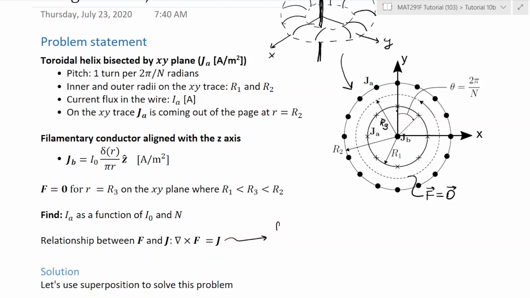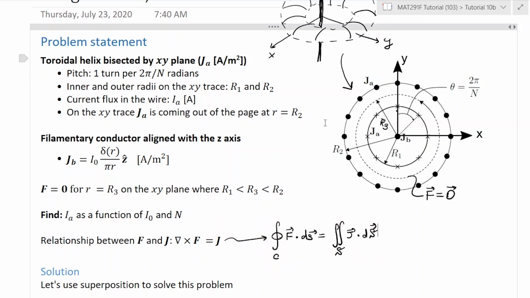Stokes' theorem says that the contour integral of F dot ds is equal to the flux of curl of F. But curl of F is J, so we get the flux of J. So this is what we're going to be using to solve this problem.